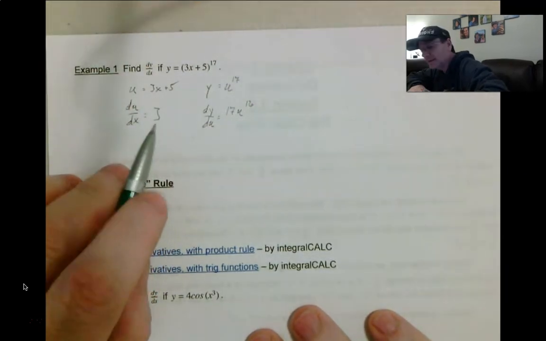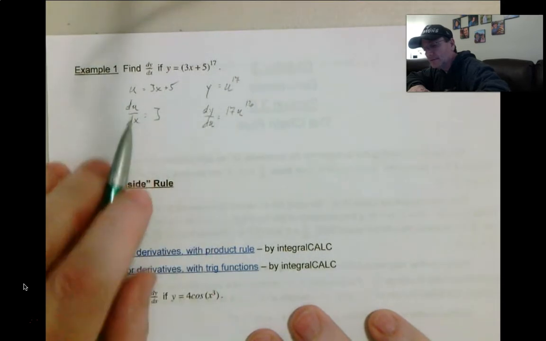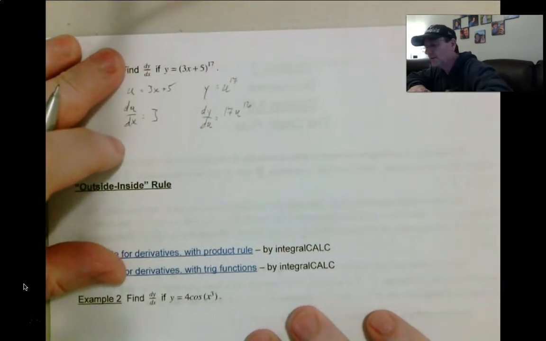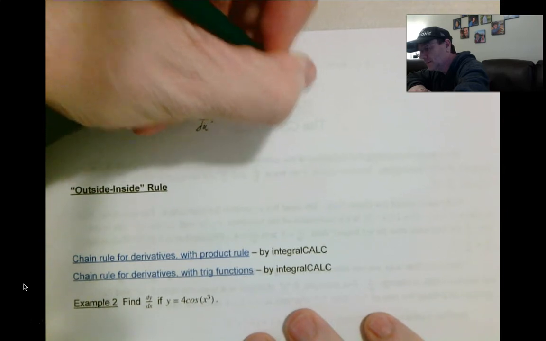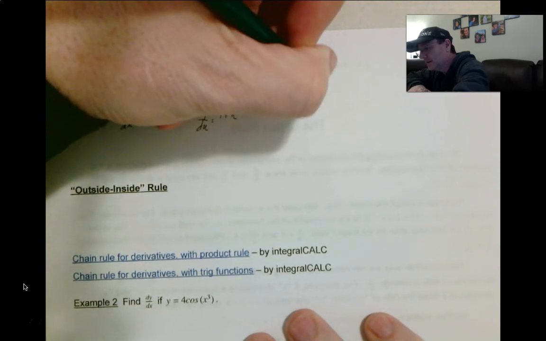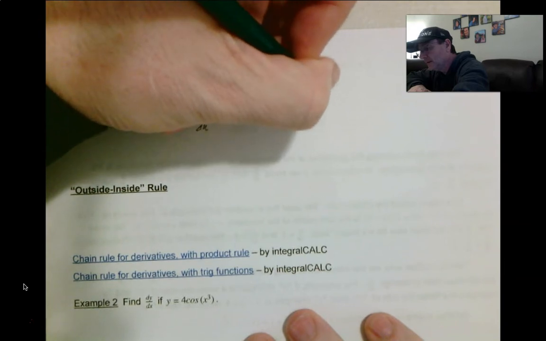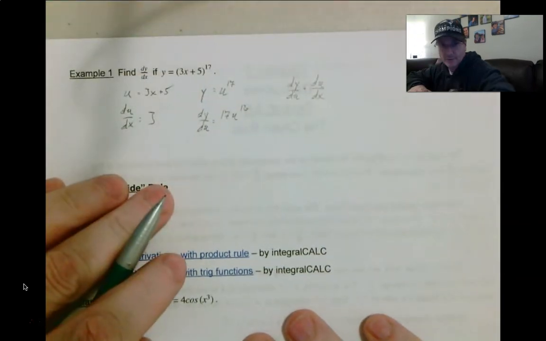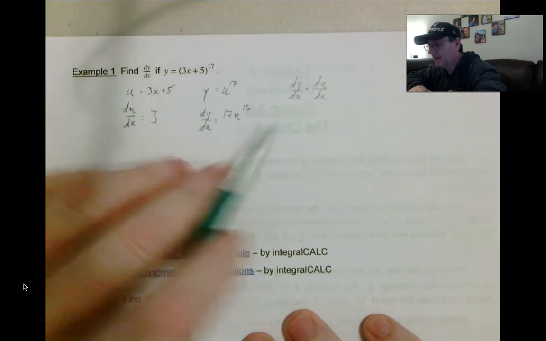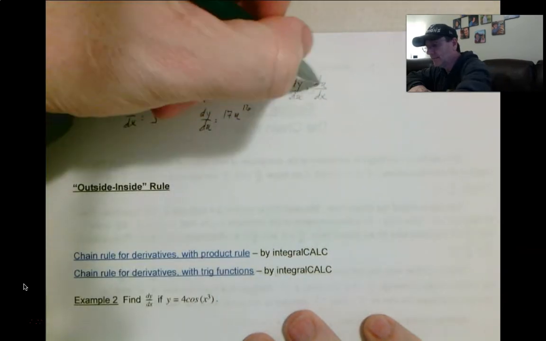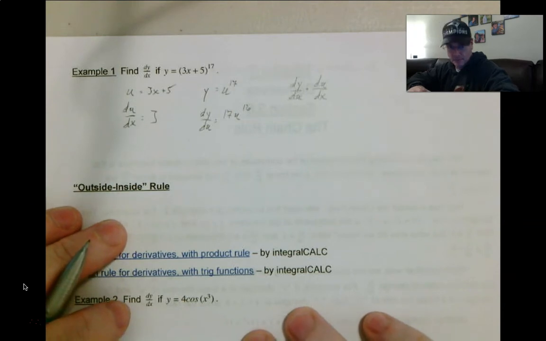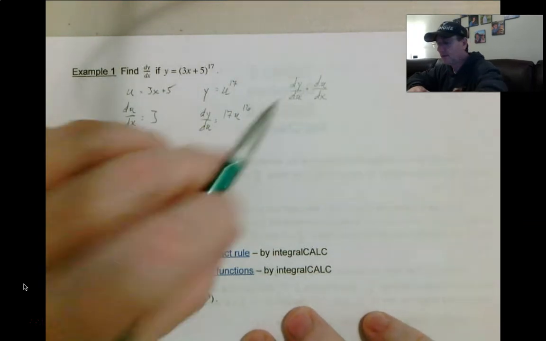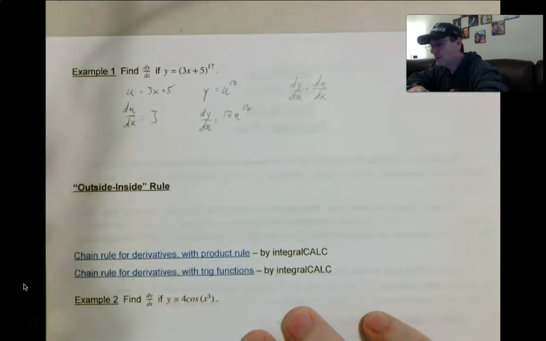And we're going to multiply these together. Dy du times du dx. And after a while, we're not going to have to write out all of these steps. Noticing that the du's cancel, which is what leaves us with dy dx, what we're looking for.